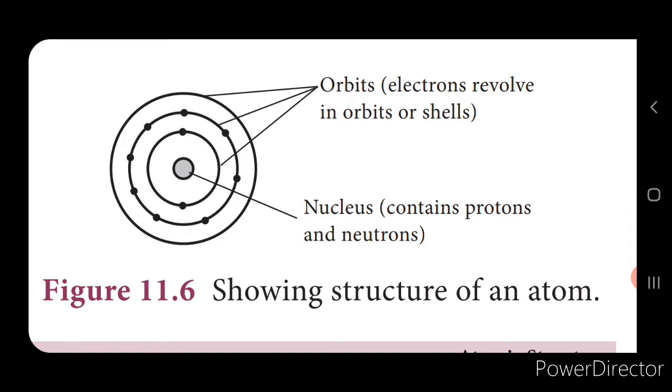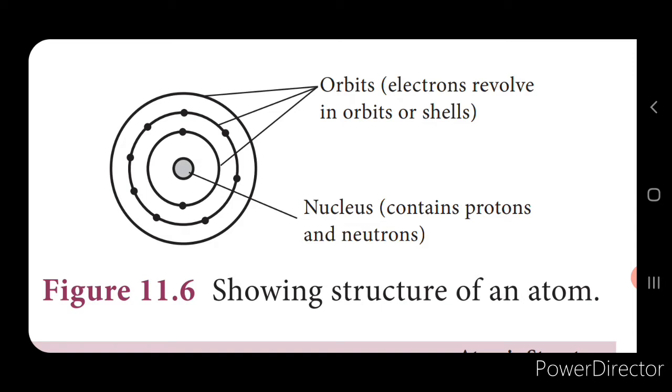These are called orbits, and the electrons revolve in the orbits or shells or energy levels or energy shells. An orbit is defined as the path by which the electron revolves around the nucleus.